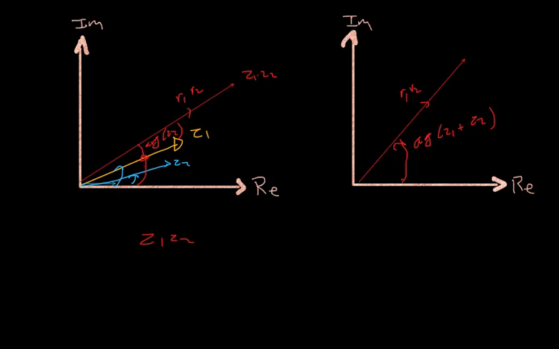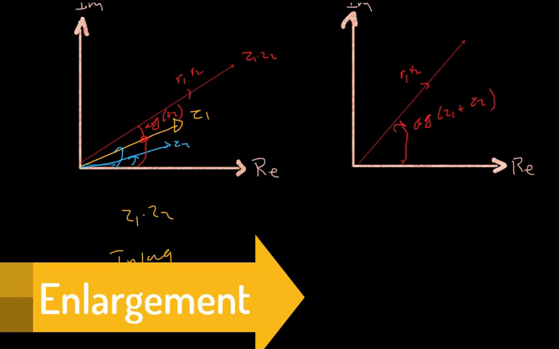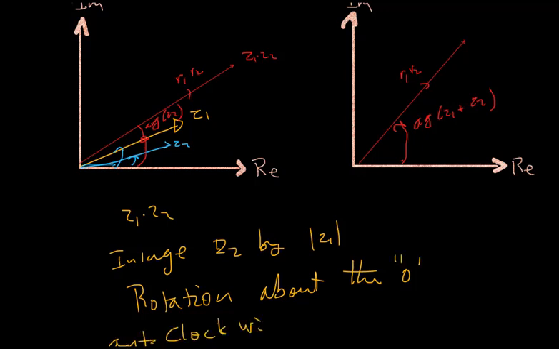So the key here is that when you multiply two complex numbers, z1 and z2, geometrically you first enlarge z2 by a scale factor of z1, or z1 by a scale factor of z2, followed by a rotation about the origin O, anti-clockwise, through the argument of z2. This is how it works geometrically.